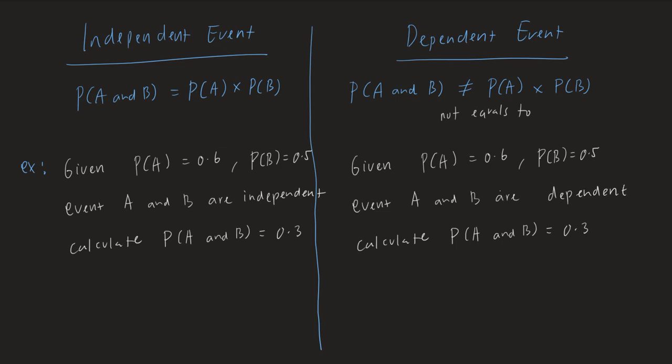Calculate probability of event A and B. So then you have probability of A and probability of B given A. So the answer is cannot be determined. Not enough information.